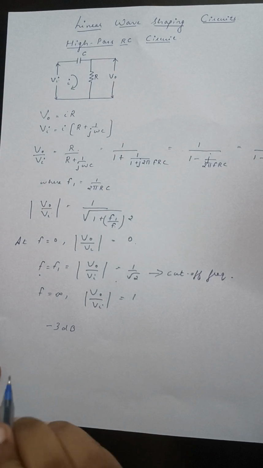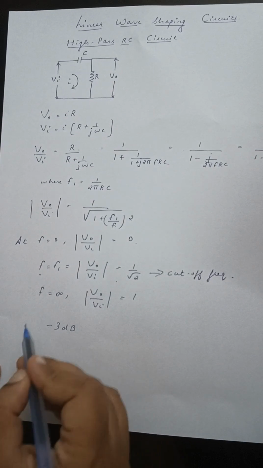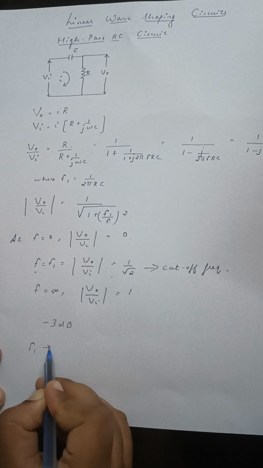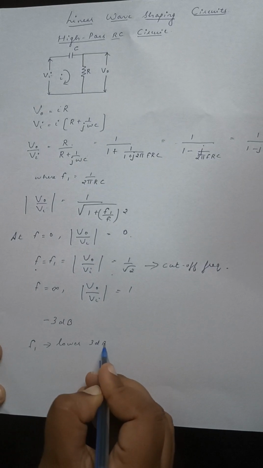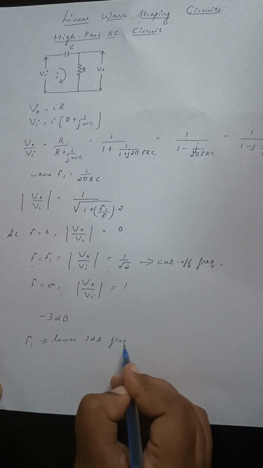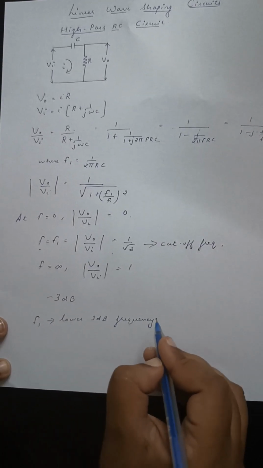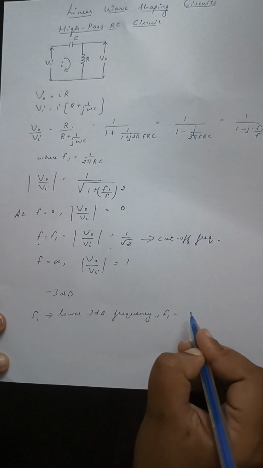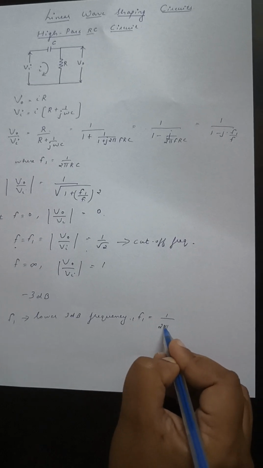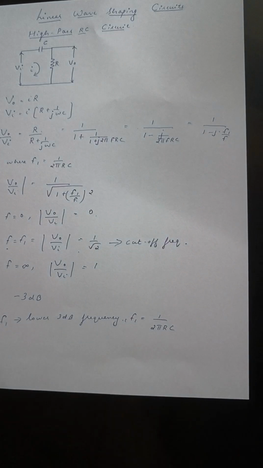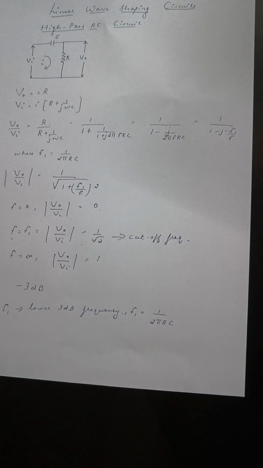Accordingly, this frequency f1 is known as the lower 3 dB frequency. Therefore, lower 3 dB frequency f1 is equal to 1 by 2 pi RC. Okay, thank you.